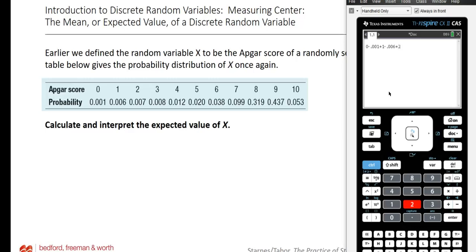Plus the next amount, which is 2 times 0.007. We'll just multiply it all together. So plus 3 times 0.008 plus 4 times 0.012 plus 5 times 0.02 plus 6 times.